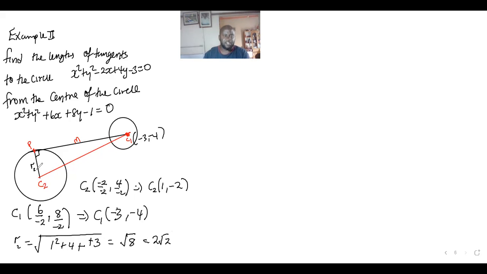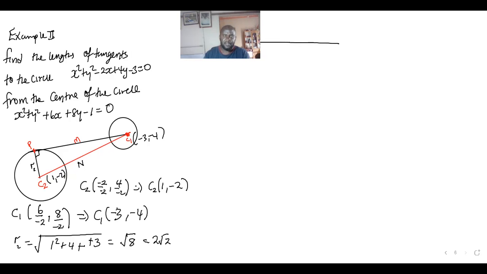Now, if we have R2, we can find C1C2. We can find this distance. Let me call it capital N. Capital N is equal to C1C2, which is equal to the square root, coordinate geometry. Remember, C2 we have seen is 1, -2.